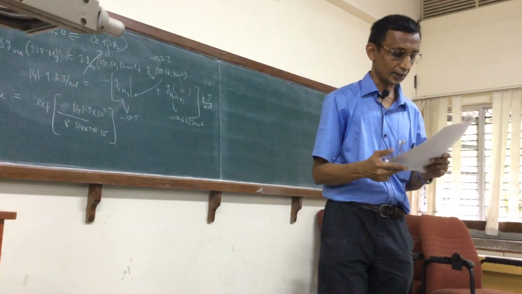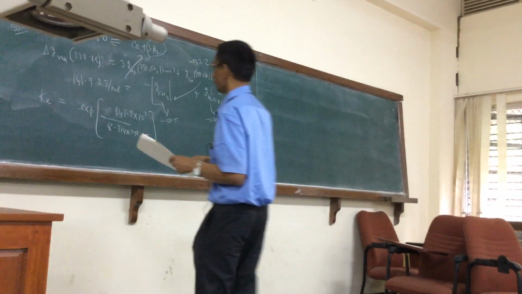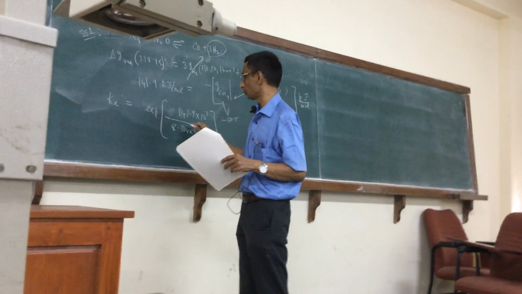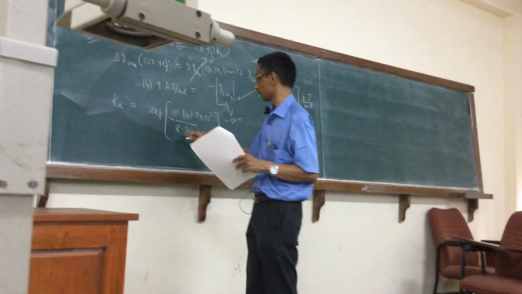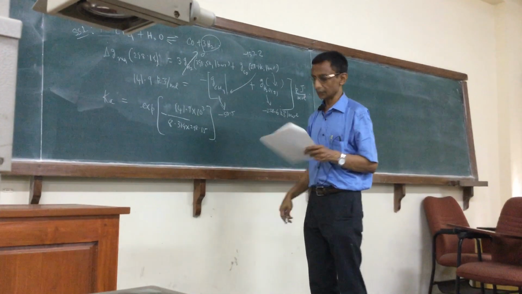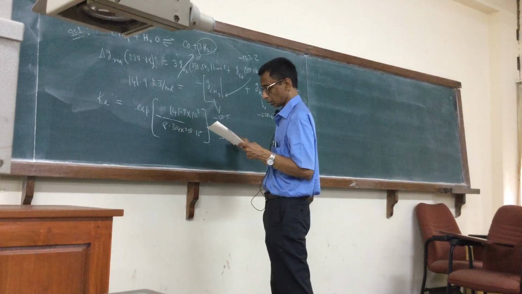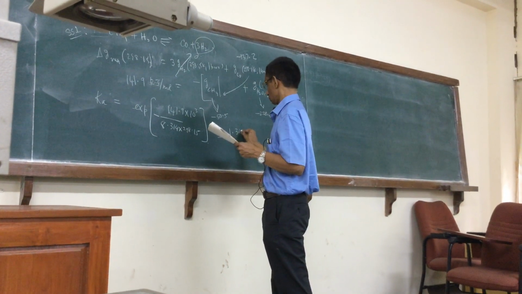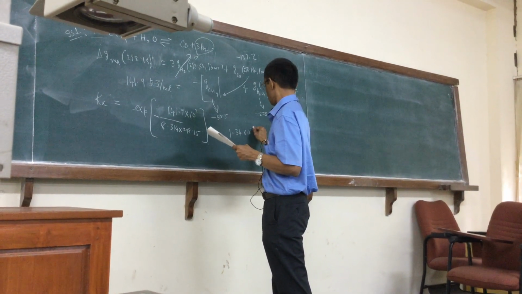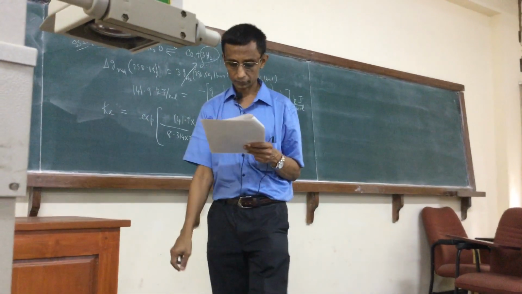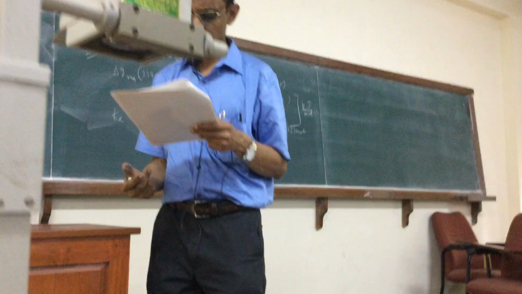If you don't have the table, you have to believe what I say. So when I put this, so this is minus, it's a very huge number. 141.9, of course you have 300 times 8, but it is still a huge number and it gives a very low value for the Ka. I hope this is correct.